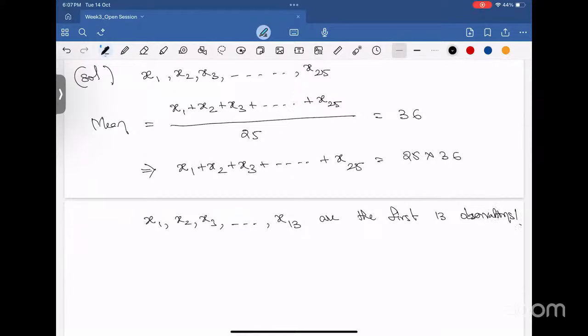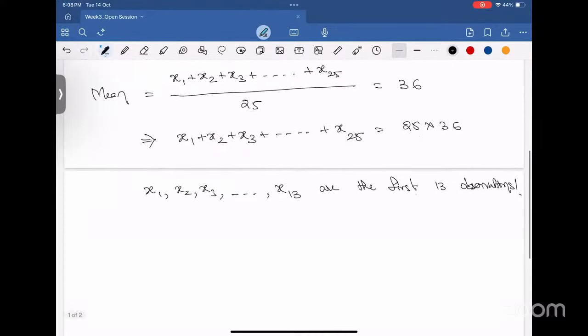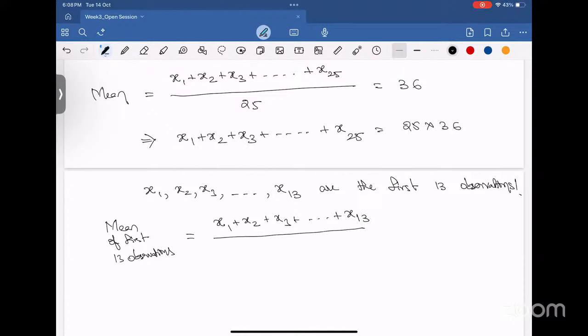So the mean of these first 13 observations is the sum of the data point values divided by the total number of data points, so x1 plus x2 and so on, divided by 13.